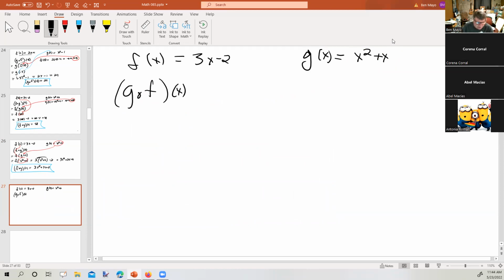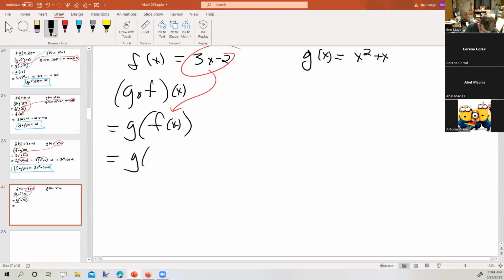So we're going to evaluate g at f. G composed with f of x equals g of f of x. But what is f of x? It's 3x minus 2. So g of f of x would be g of 3x minus 2.